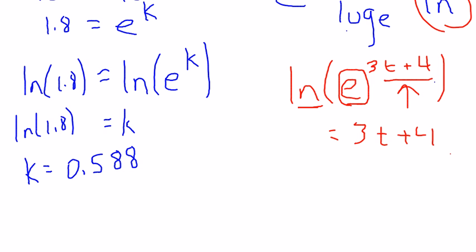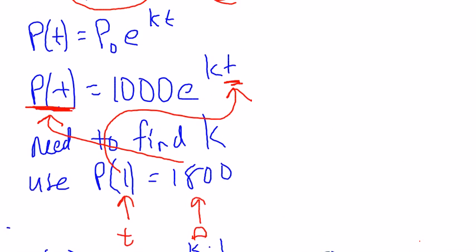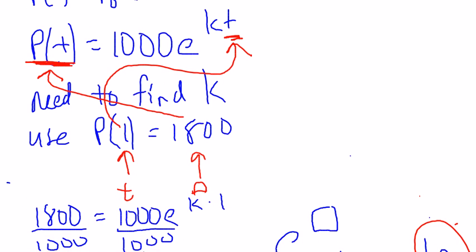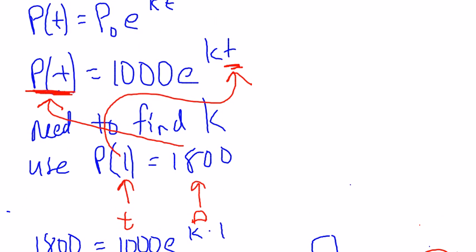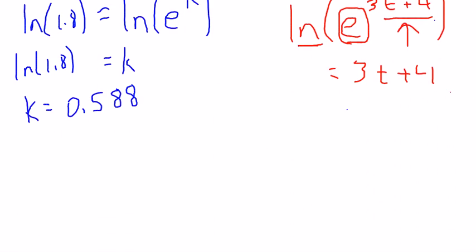So let me go back up really quickly. Remember, I am using the PERT equation. I know that P naught, P sub 0, is 1,000. I wanted to find k. I found k was 0.588. So now I actually have a function for P that only involves t. Remember, e is a number. It's like pi. So I use this k here.